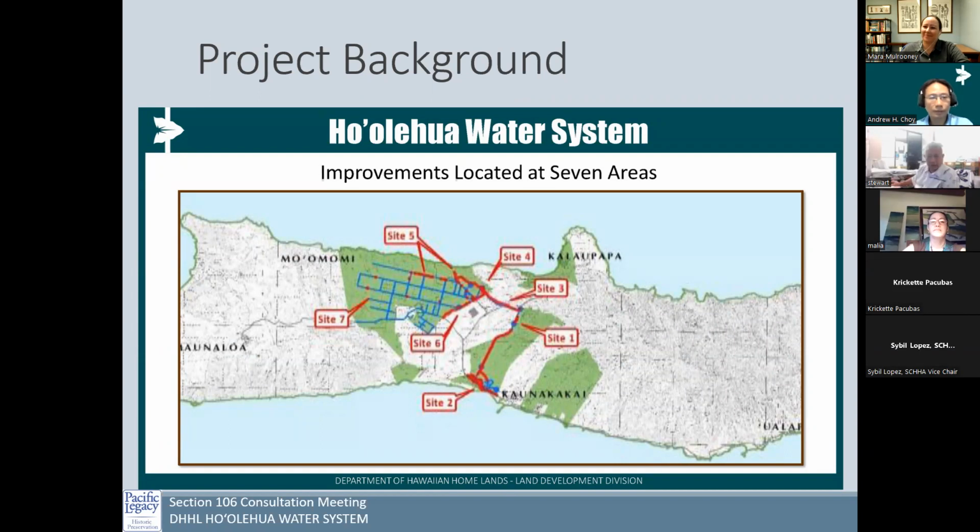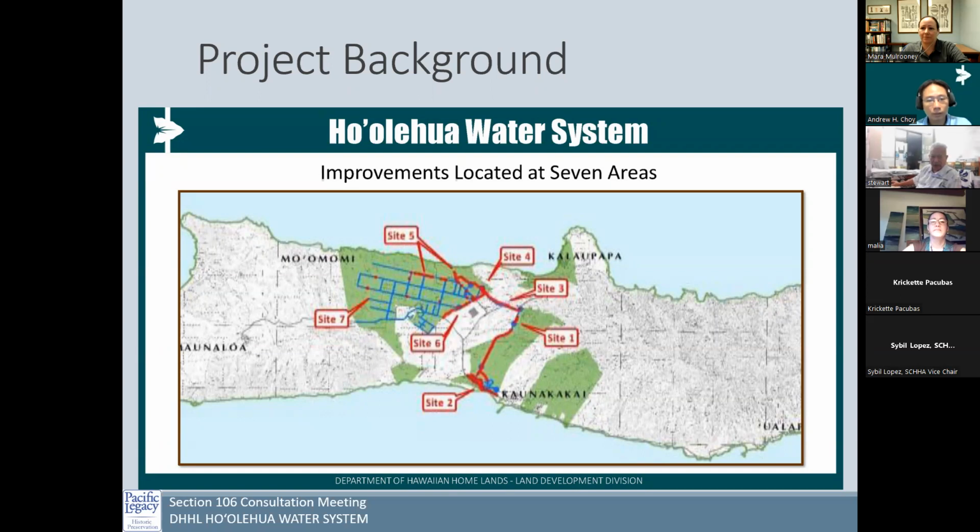Aloha, everyone. So this Olehua water improvement project started, I think in the planning, something like 10 years ago. And so the project is currently divided into seven different sites, which is shown on the map.